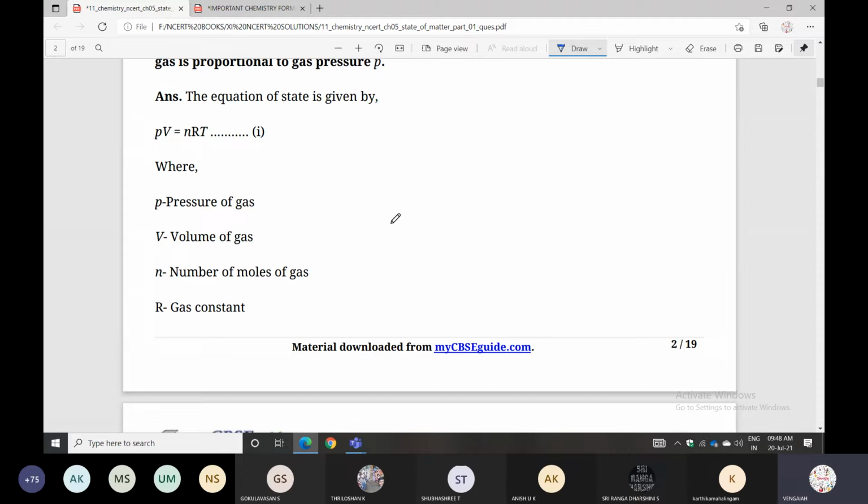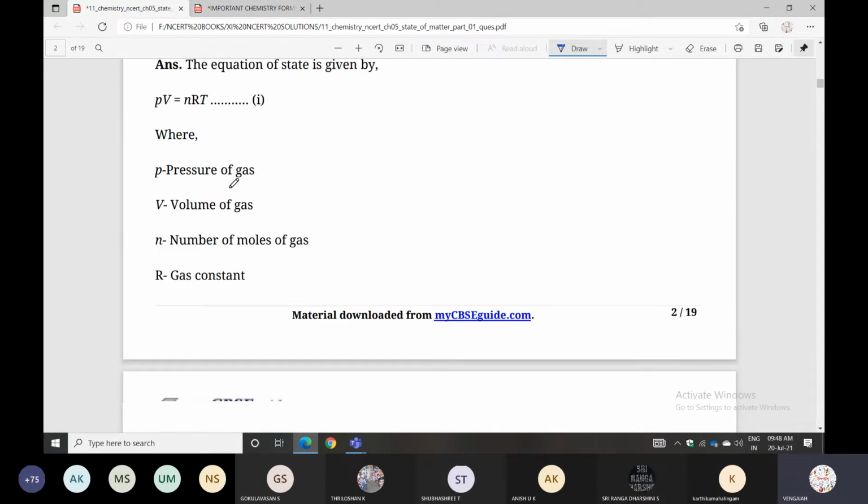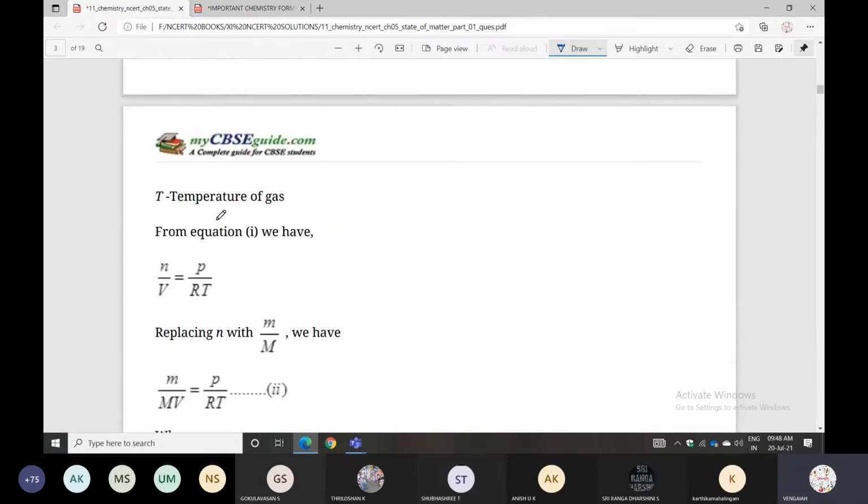P is the pressure of the gas, V is the volume of the gas, n is the number of moles of gas, R is the gas constant. You know all the terms. T is temperature.